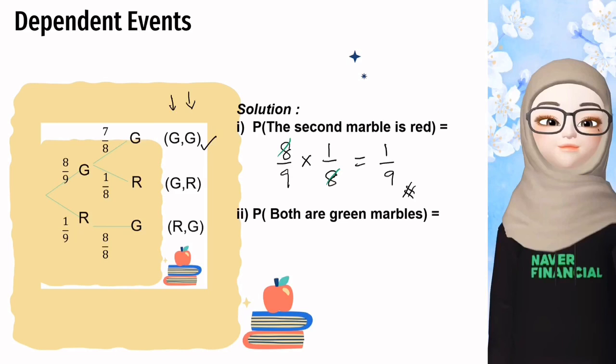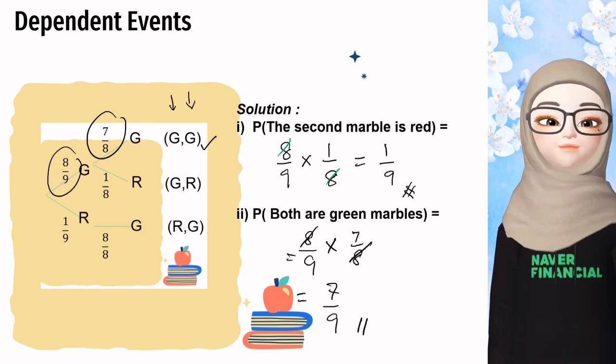Of course, please use the multiplication rule. So 8 over 9 multiplied by 7 over 8. Cancel the 8s here, and then we will get 7 over 9. So that is the answer.